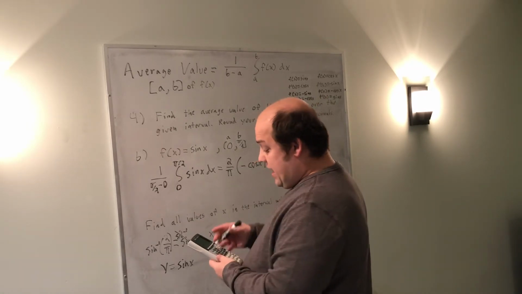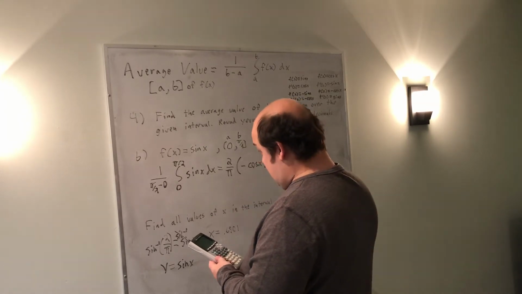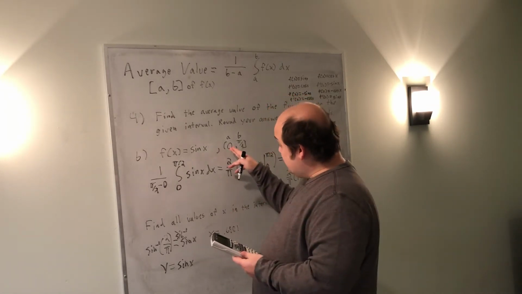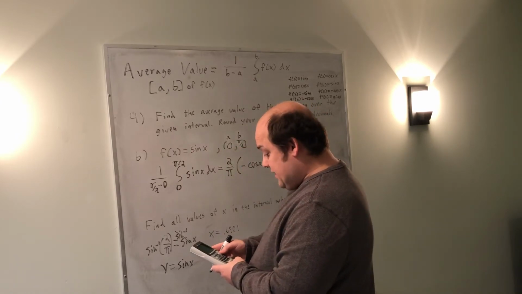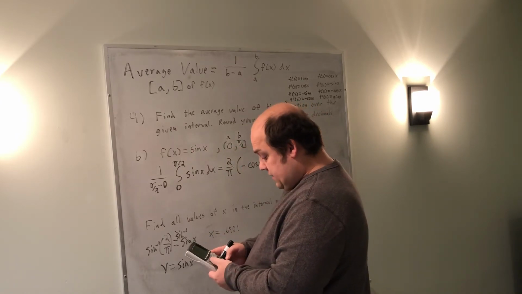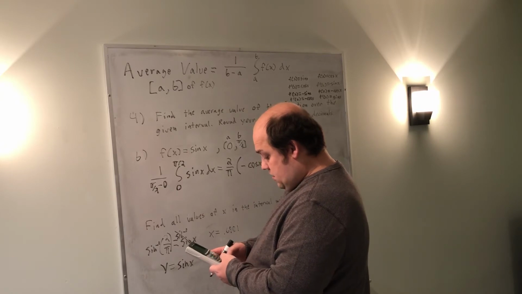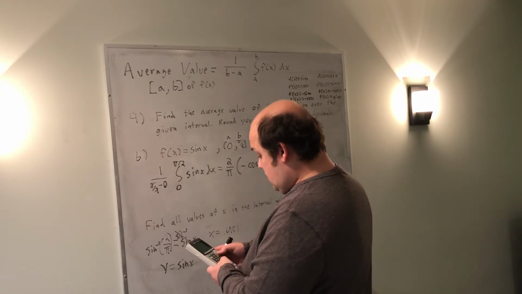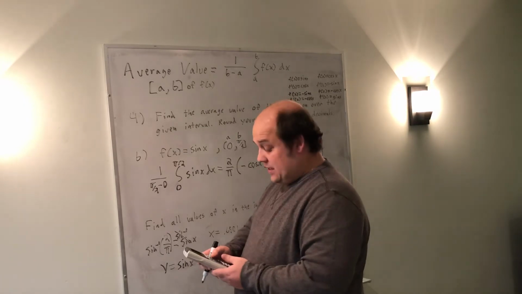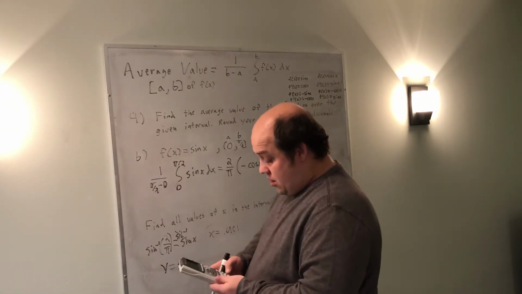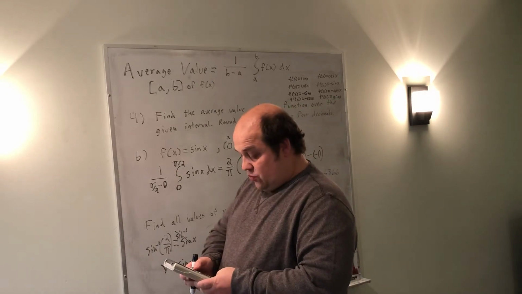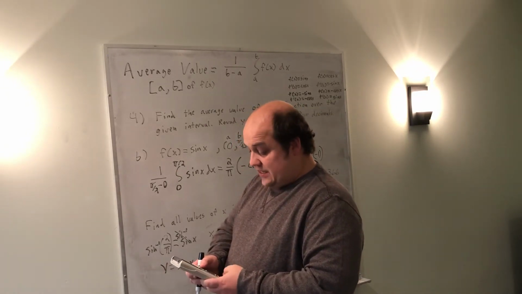It starts out x min -10, x max 10. But we know we just care about x's between 0 and pi over 2. So I'm going to set x min to 0. I'm going to set x max to pi divided by 2. The x scale is set at 1. It's fine to leave it that way. When it tells me what my y min and y max are, I'm going to set them to -2 and 2, just so it shows up nicely on the screen.